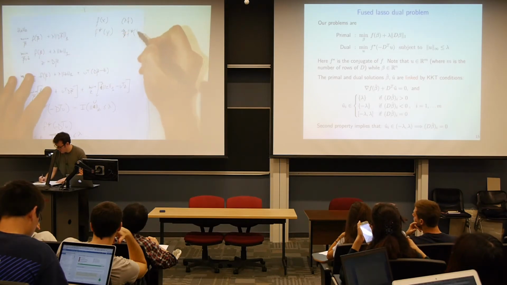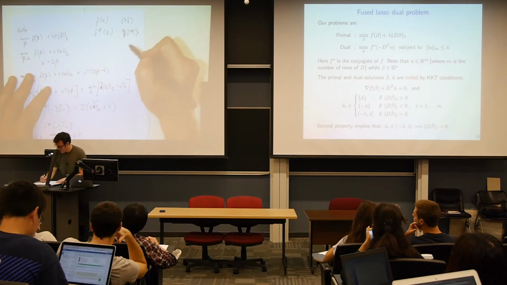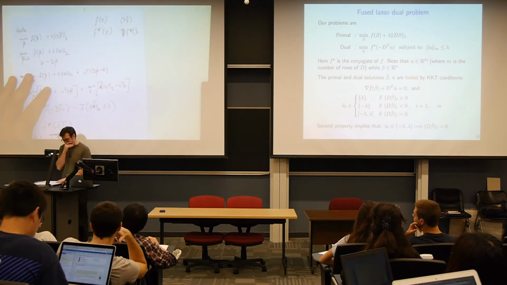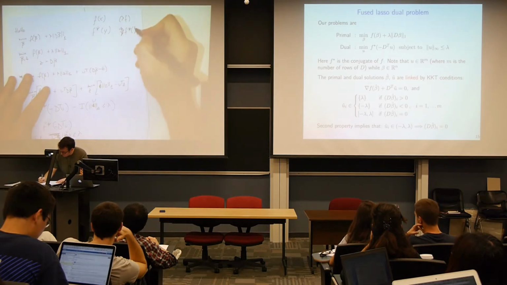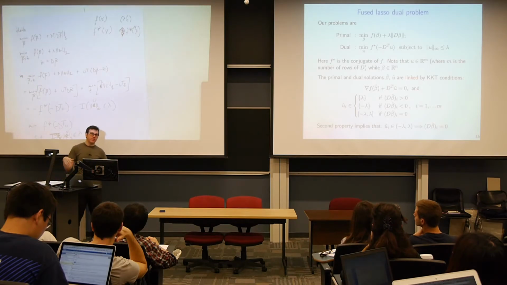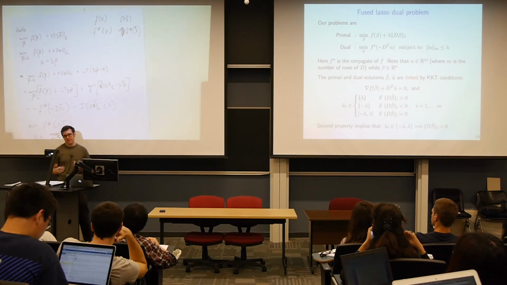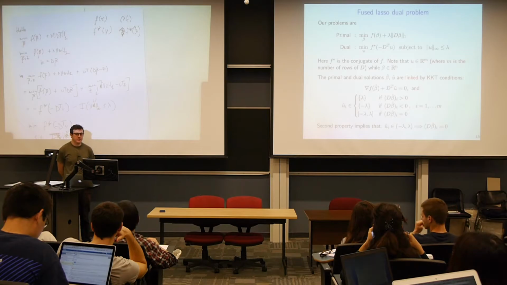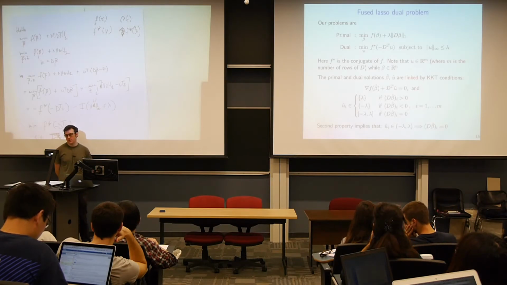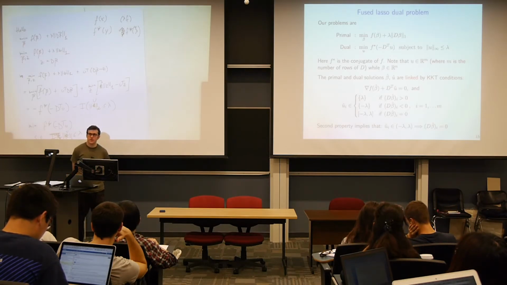F star of 1 over lambda. Hold on, let me think. Right, so in this case, it's not 1 over lambda, you have to bring the lambda out. But if you have a constant scaling times the indicator function, it's the same thing, so you can drop that term. Yeah, that's right. Thank you.